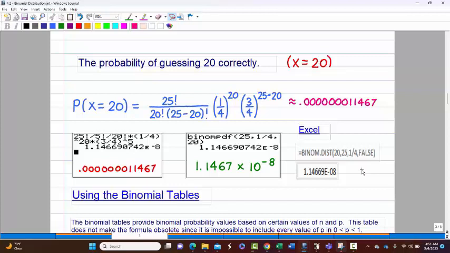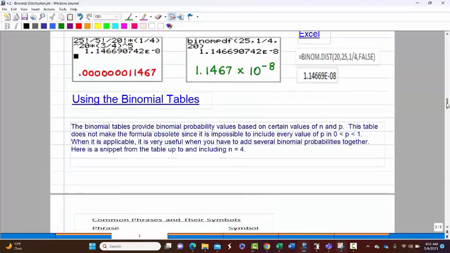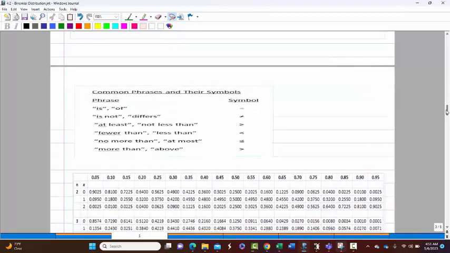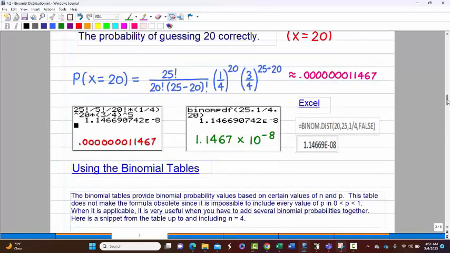Now we're going to start getting into answering questions where it's not just a single value, where we have to use the cumulative, or we can use a binomial table. When I show you this, it might be something you might want to use instead of the technology.